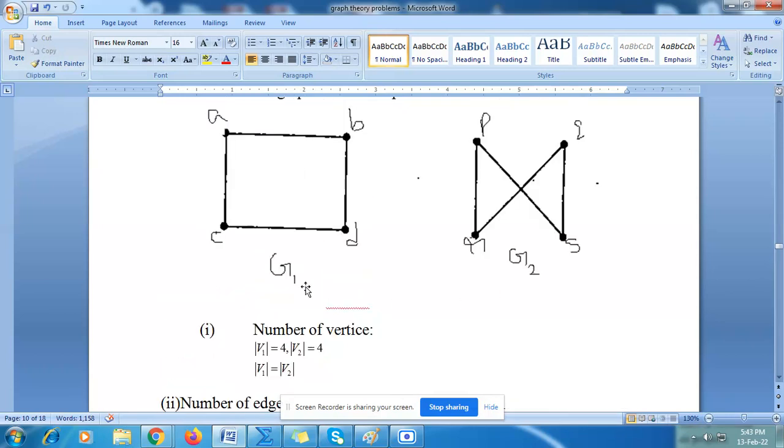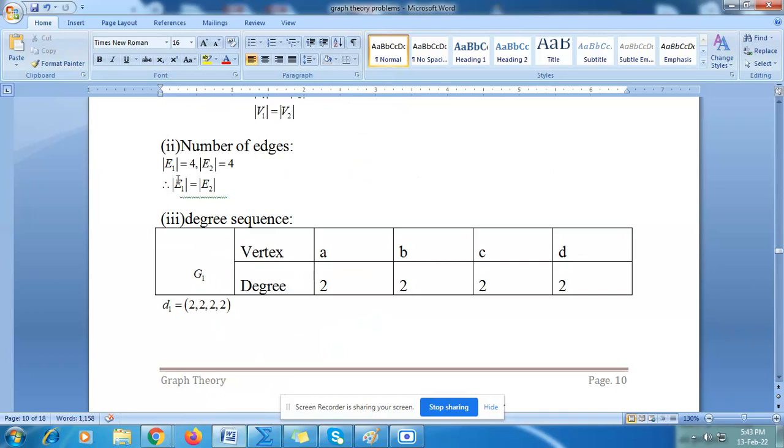Now check the number of edges. Here 1, 2, 3, 4. The number of edges in graph 1 is 4, and in graph 2 it is also 4. Therefore, the number of edges in graph 1 is equal to the number of edges in graph 2.